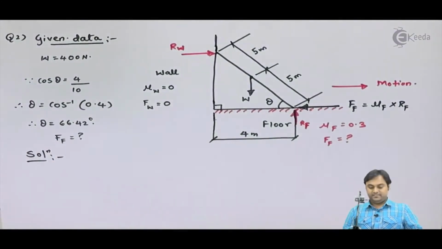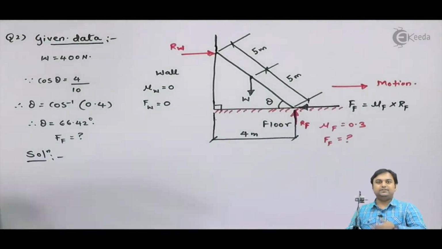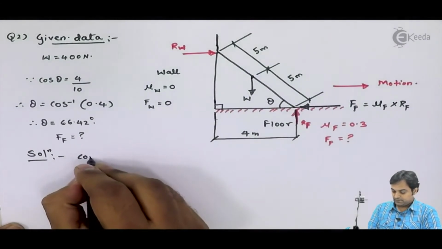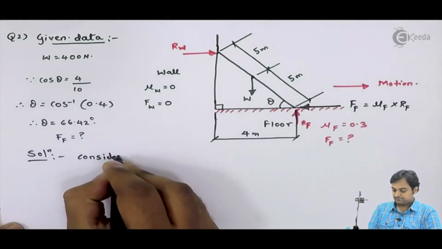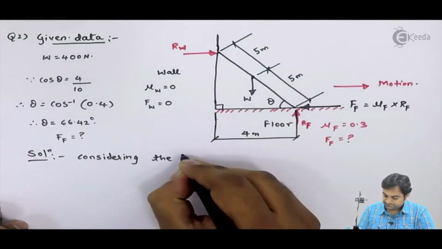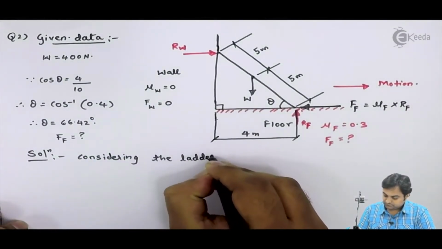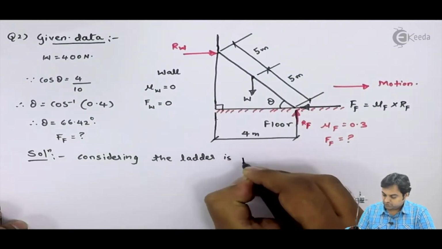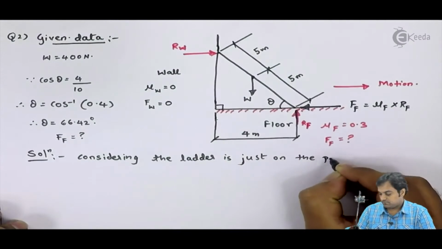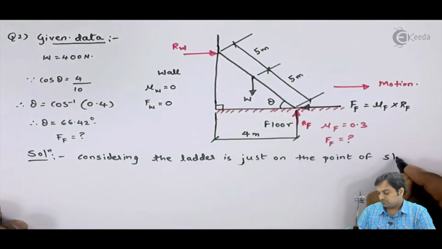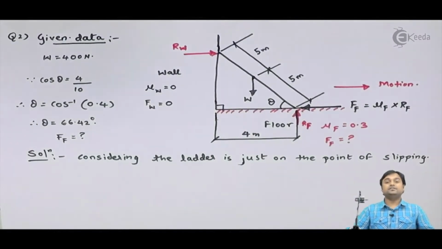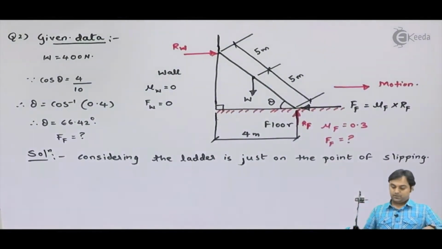So with this much data available, let us try to solve this question. I'll say that considering the ladder is just on the point of slipping, it is just on the point of slipping means it is in limiting equilibrium condition.